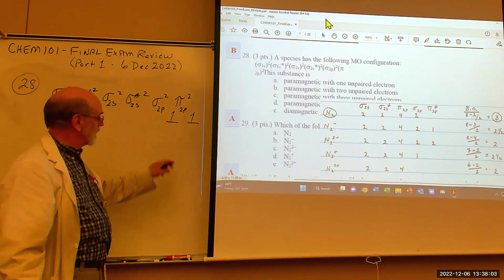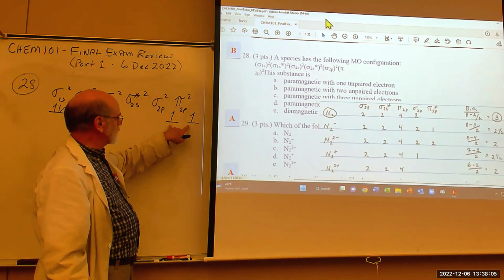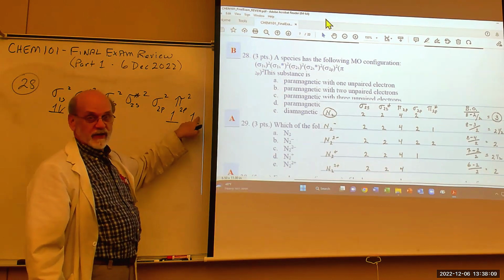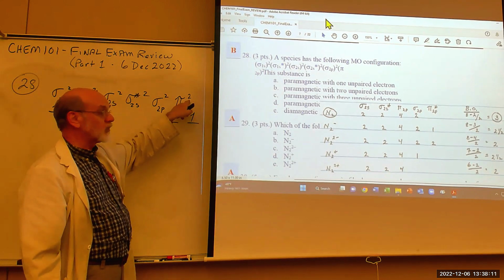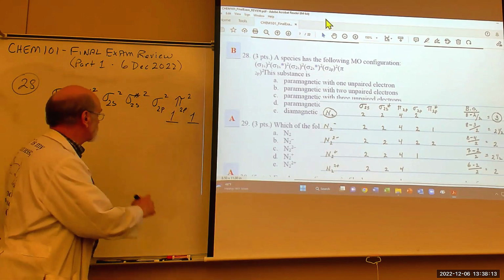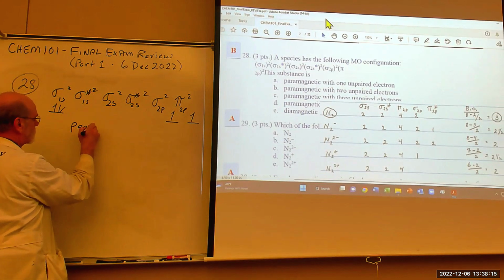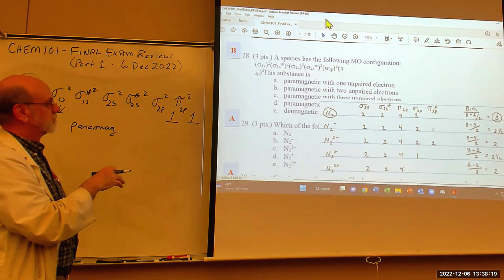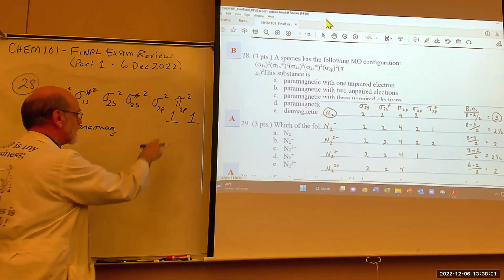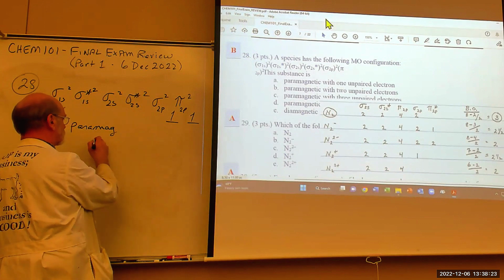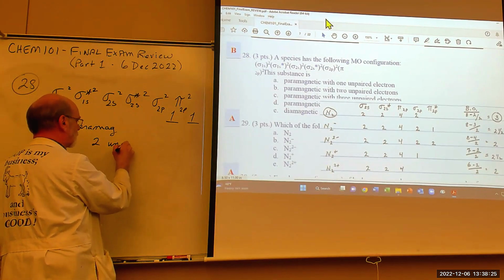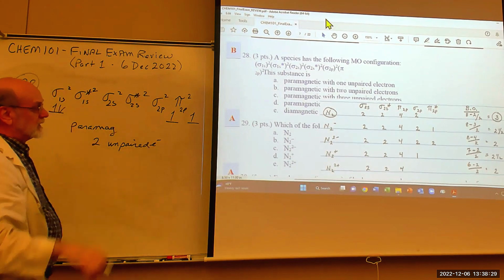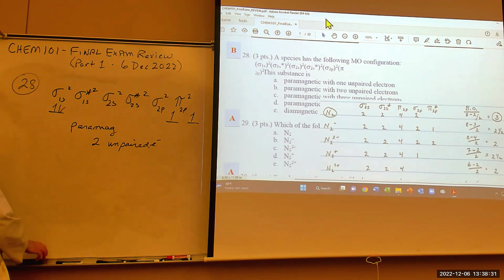Hund's rule says these 2 pi molecular orbitals, you have to put one unpaired and another unpaired in there before you can start pairing them up. They only got 2. So this one is paramagnetic. But why is it paramagnetic? It's paramagnetic because it has 2 unpaired electrons. That's why B is the answer.